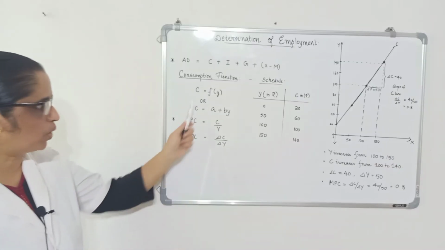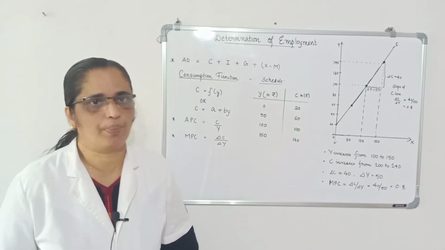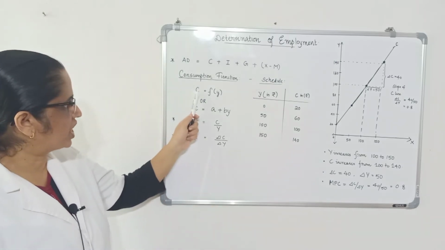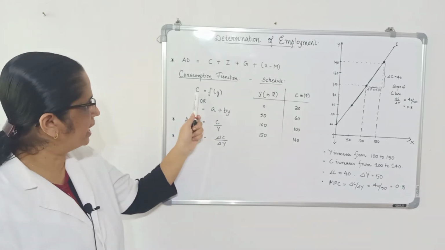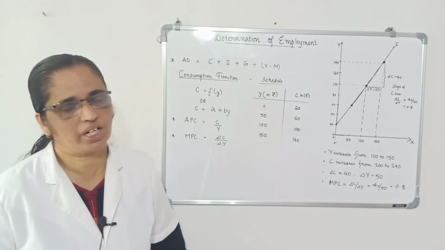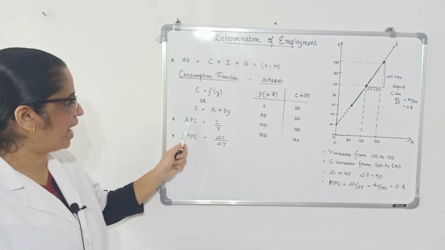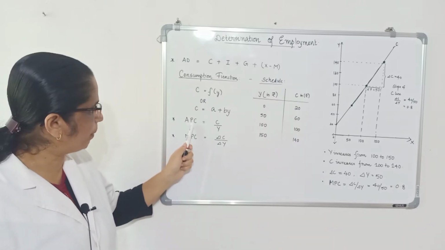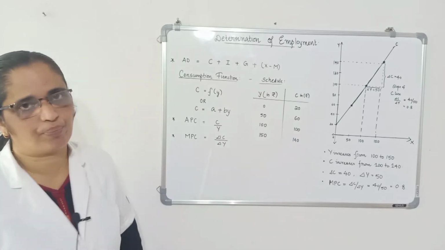So how can you say? Consumption function or propensity to consume shows the functional relationship between consumption and income. C is a function of Y. C stands for aggregate consumption, Y stands for aggregate income. We have two concepts, average propensity to consume and marginal propensity to consume.